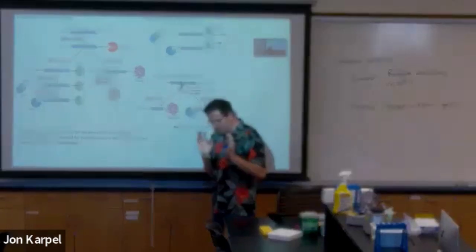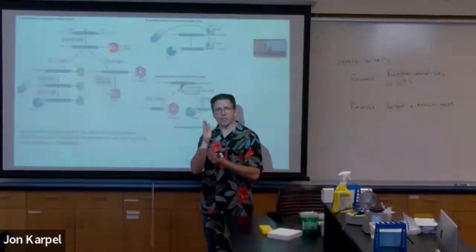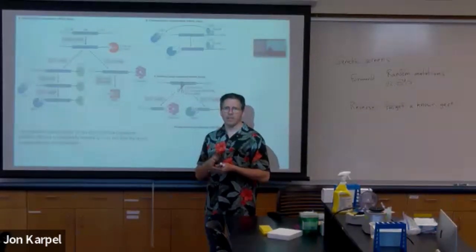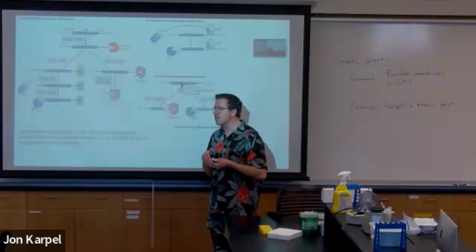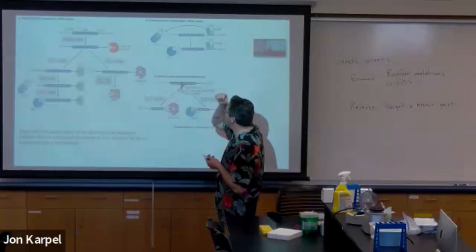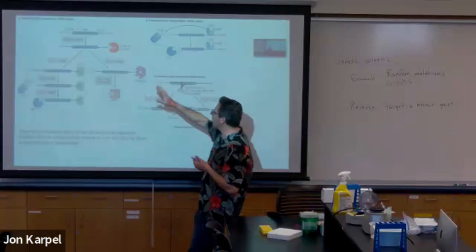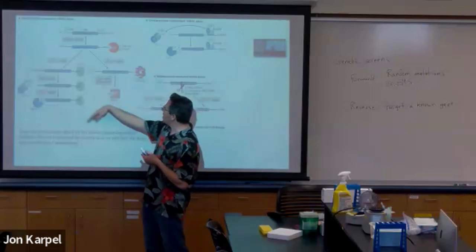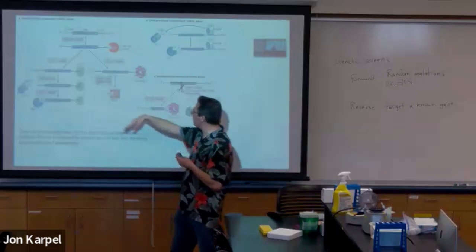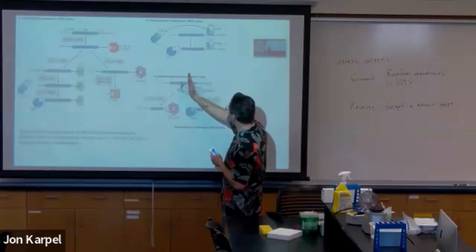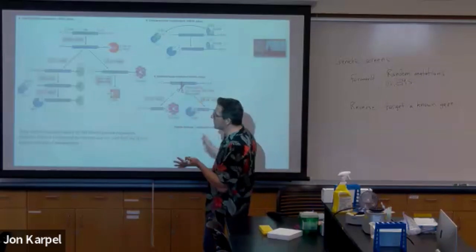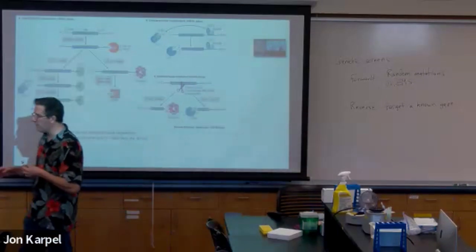So this goes back to our idea that there's a surveillance system for mRNA to make sure they're stable. If you have an unstable RNA, they're either going to be degraded from the poly A tail or from the cap and destroyed, or they're going to be cut in the middle and destroyed. You're not going to get protein from that.